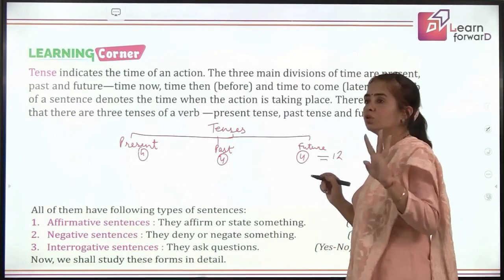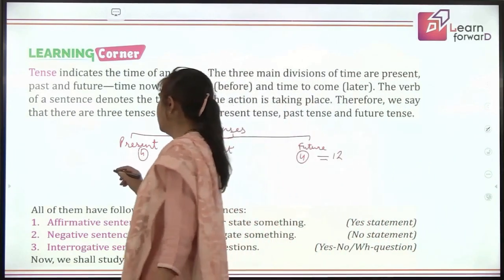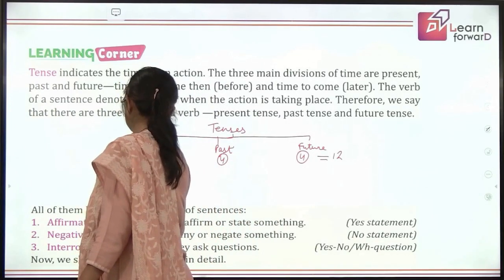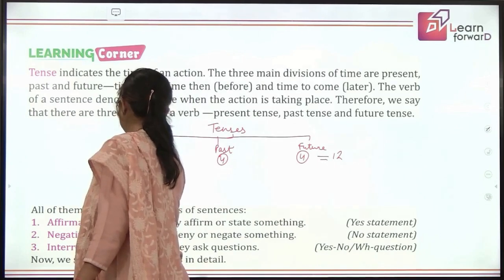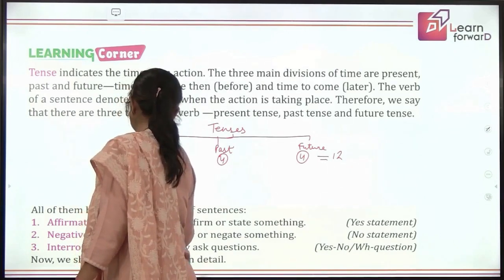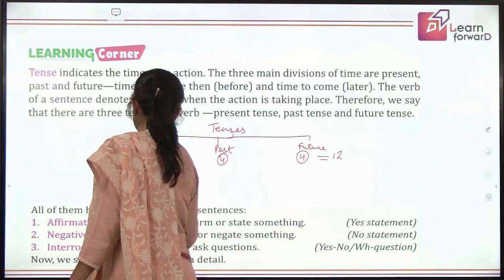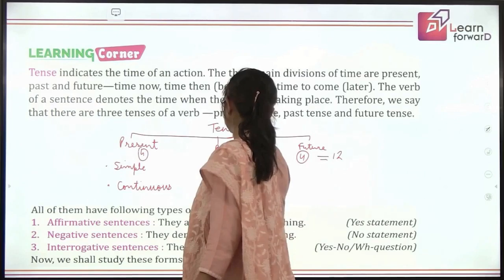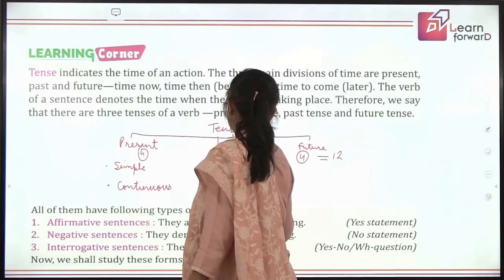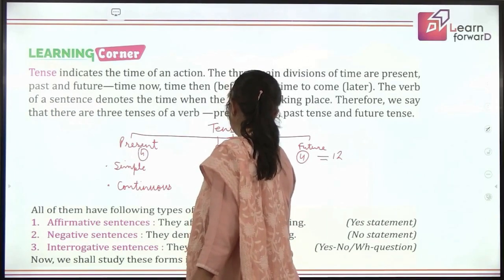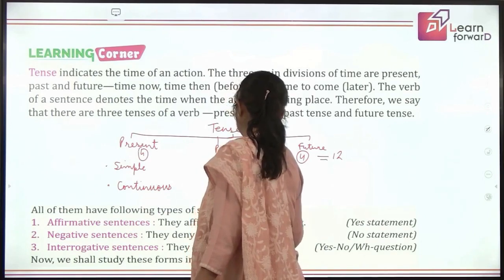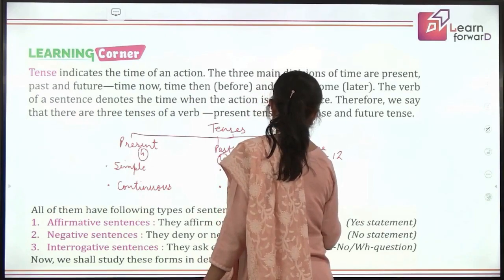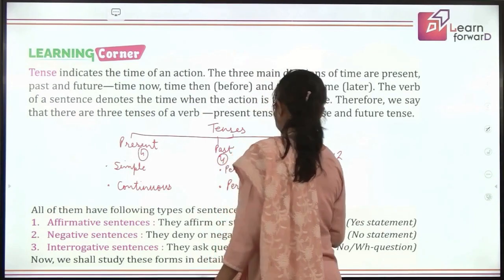So what are those four subcategorizations? Let's have a look here. It is simple present, simple past, simple future. Then we have present continuous, past continuous, future continuous. Then we have present perfect, past perfect, future perfect, and the last is present perfect continuous, past perfect continuous, and future perfect continuous, right?